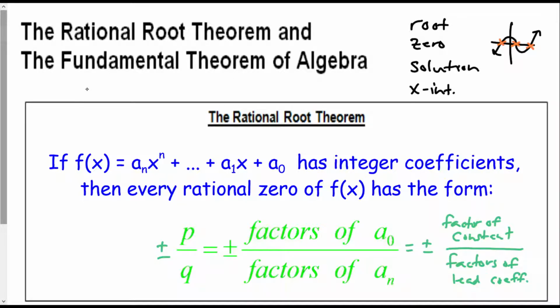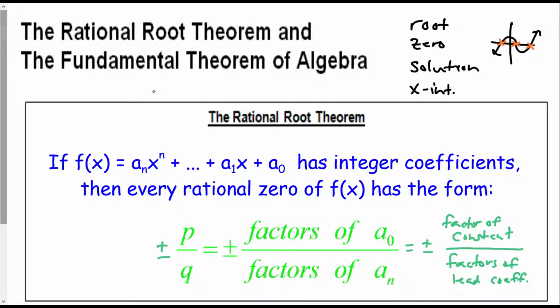The fundamental theorem of algebra isn't really a big thing that we need to go through and write down. It's just something you need to have in the back of your mind. But the fundamental theorem of algebra states that any polynomial of degree n can have up to n solutions. So a quadratic has a degree of 2. It could have up to 2 solutions.